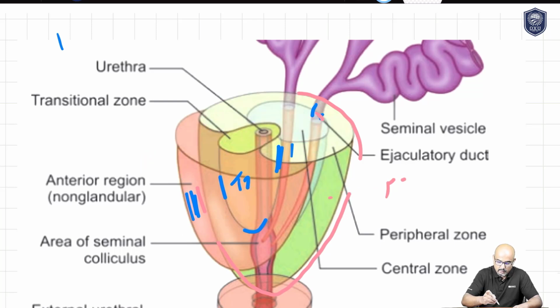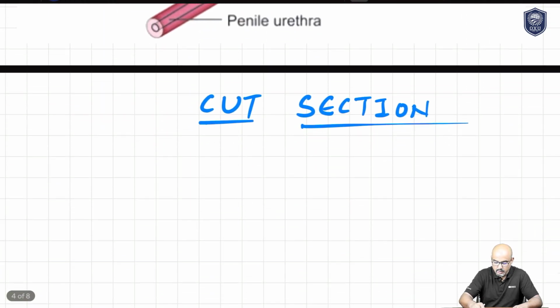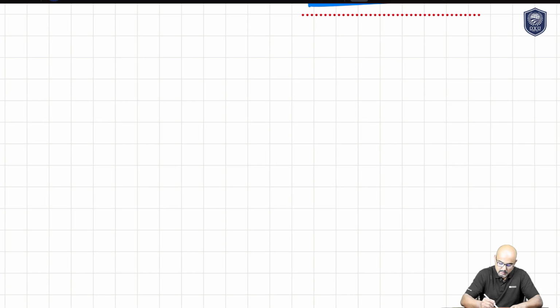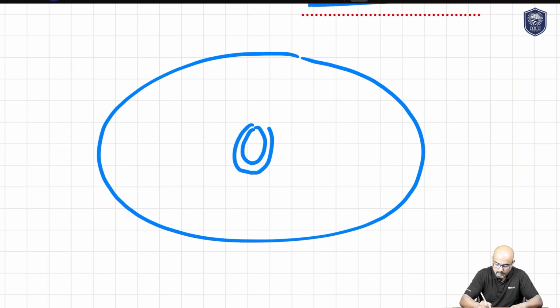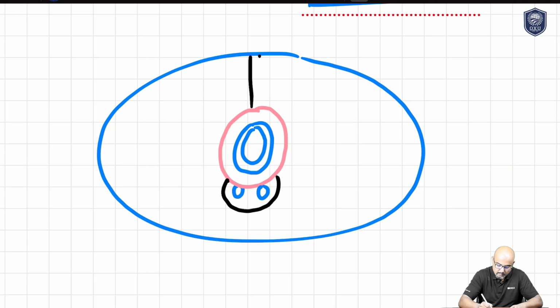Okay. If you cut this prostate and see under the microscope, it is seen as, suppose this is the prostate. Okay. This is urethra. The zone around the urethra is known as transitional zone. There are two ejaculatory ducts behind it, and the zone around the ejaculatory ducts is known as central zone, with some fibromuscular area anteriorly, and the remaining peripheral zone.